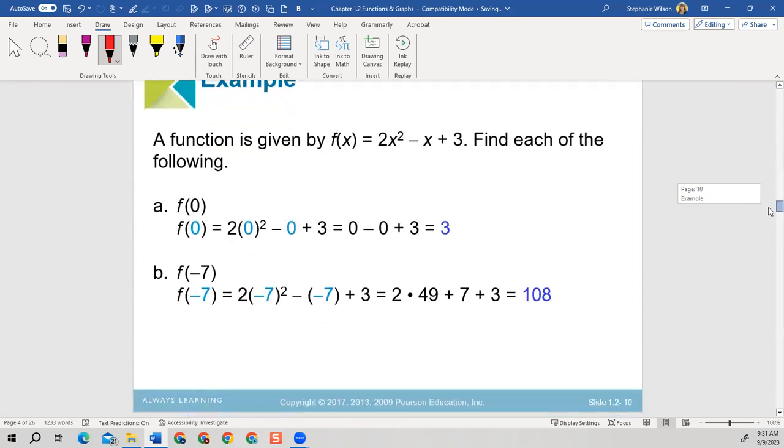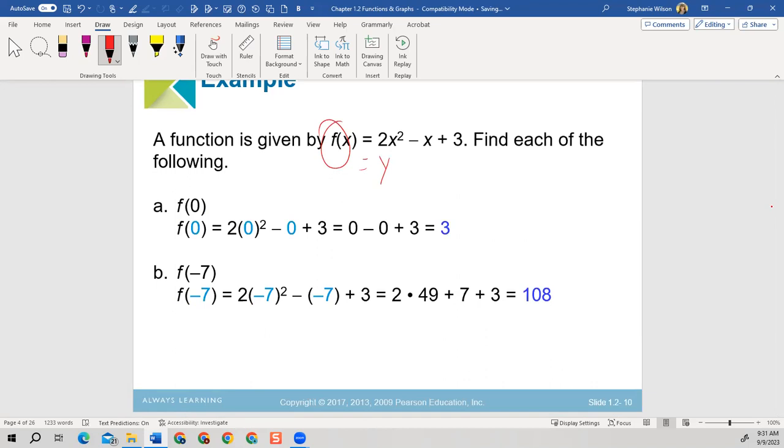So now it says a function is given, f of X is equal to 2x squared minus X plus 3. So we're given this function, and this function name is f, okay? And we're building on X, and whatever the outcome is, it's going to yield my Y value, okay?